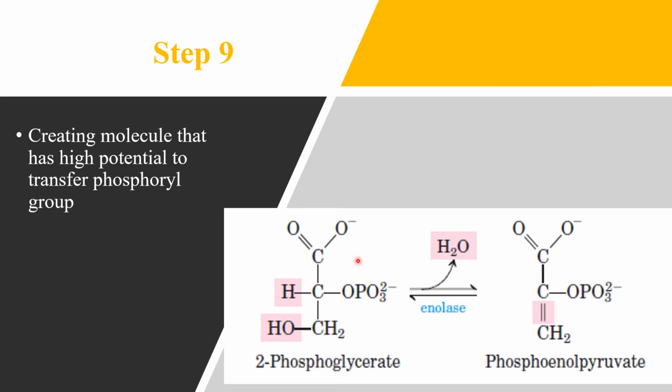Now this molecule is not very stable and it has a very high phosphoryl transfer potential because this is essentially trapped in the enol state, and it's trapped because this oxygen here doesn't have an H, it has this phosphoryl group.